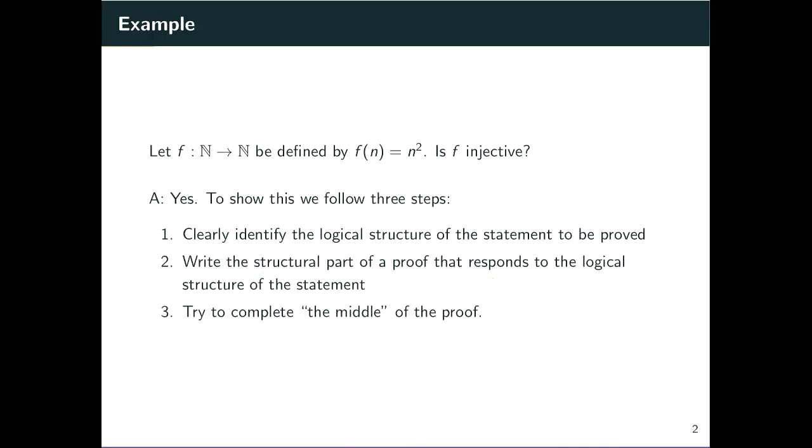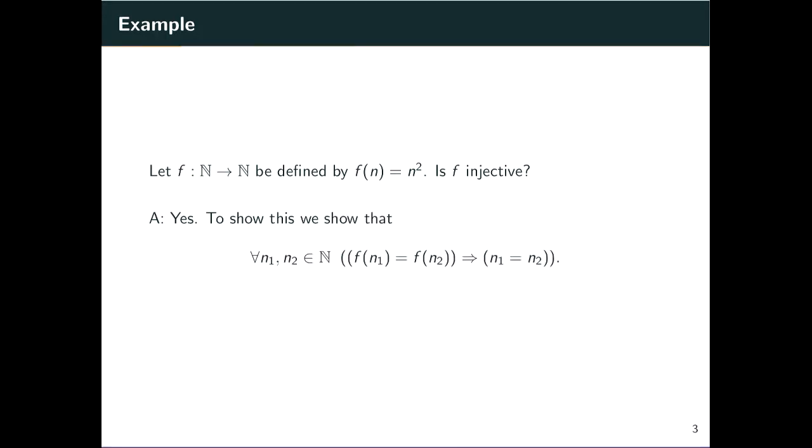If you're getting practice, then write the structural part of the proof first, and then try and complete the middle of the proof. If you've got more experience, then you can work through it directly. Okay. So if we want to show it's injective, then we want to show that for all integers n1 and n2, if the function maps them to the same place, then they're in fact equal.